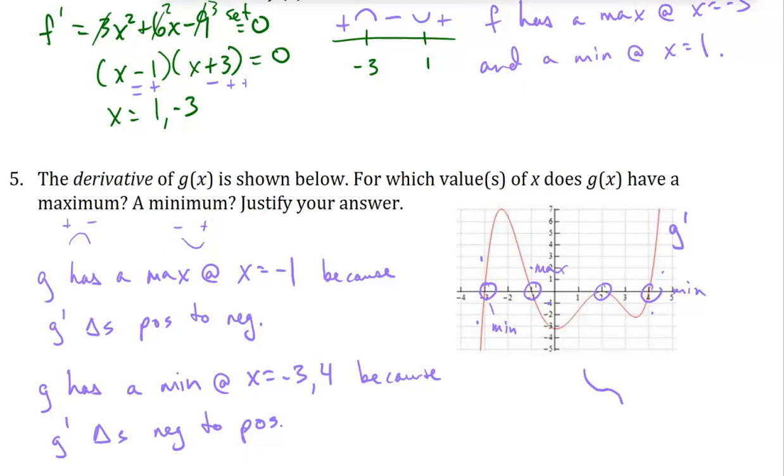Sometimes we will have a free response question. Like this would be a perfect example of a graph that is given, and one of the parts might say, list the critical points, indicate whether each is a max, min, or neither, and justify your answer.